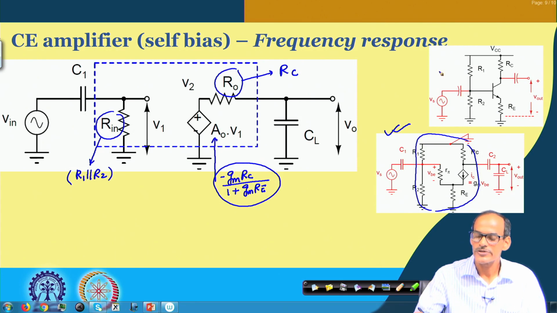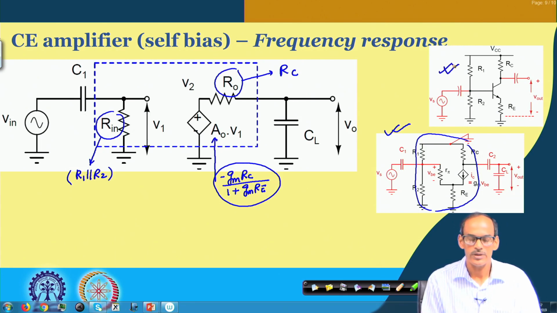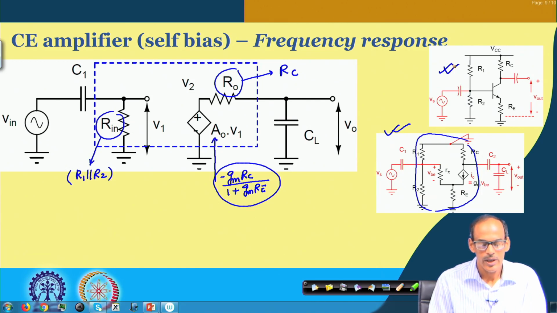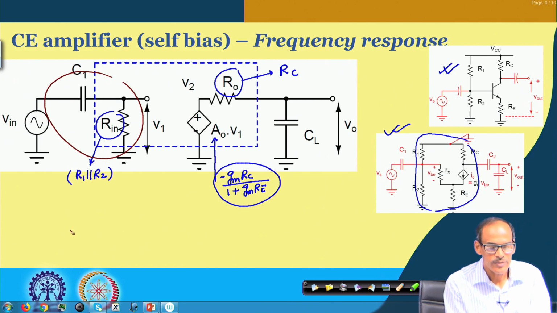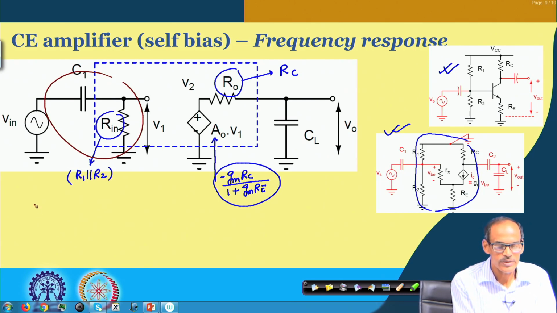So, to get the frequency response of this CE amplifier with the emitter degeneration, if you consider the first part, this part, as we have said, the frequency response of that has high pass nature, and the cutoff frequency here is 1 by C 1 and then R 1 parallel R 2, assuming that the frequency we are talking about is in radian per second.